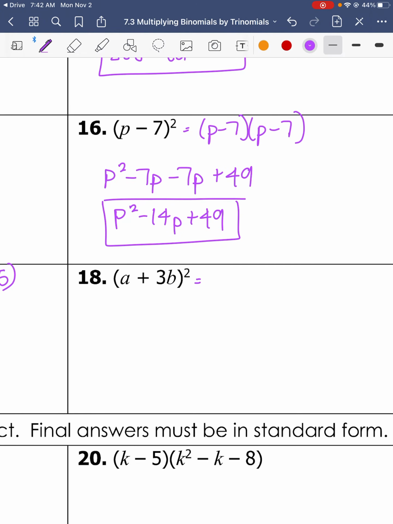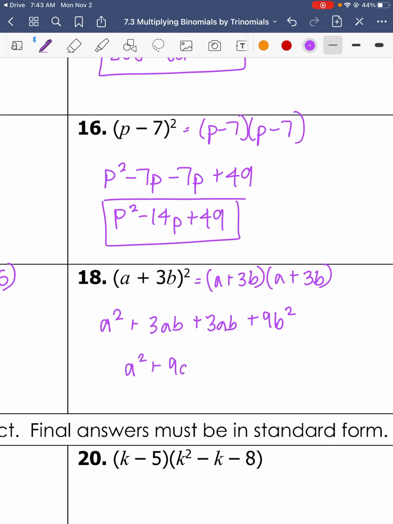And then 18, last one here, a plus 3b squared is equal to a plus 3b times a plus 3b. First two, a squared, plus 3ab plus 3ab plus 9b squared. Combining like terms, a squared plus 6ab plus 9b squared.